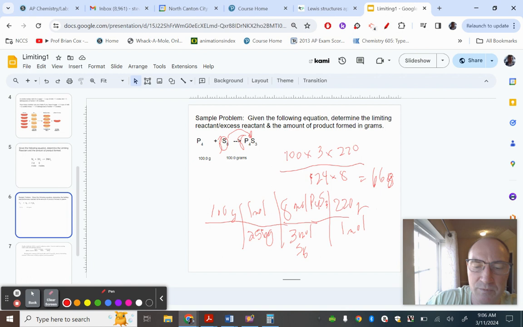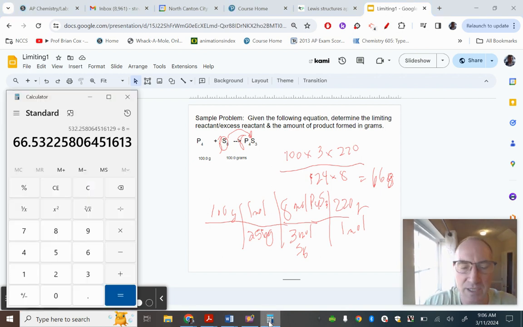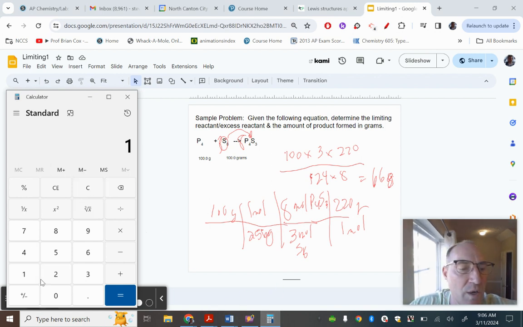Okay, so I'm going to do this real quick with my calculator. It's going to be 100 times 8 times 220 equals, divided by 256 equals, divided by 3 equals.